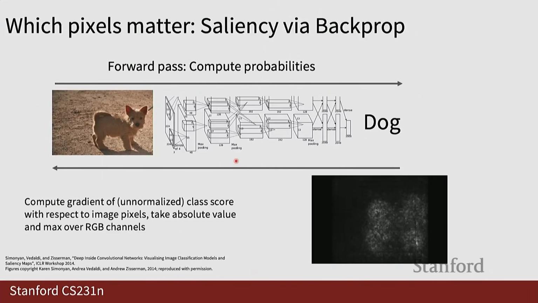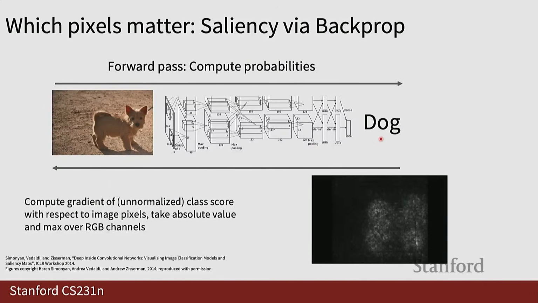Now what I need is, for each pixel, I want to see how much changing the pixel value would affect the dog score, right? What does this mean? What I explained is the meaning of derivation, right? That is basically the meaning of gradient.